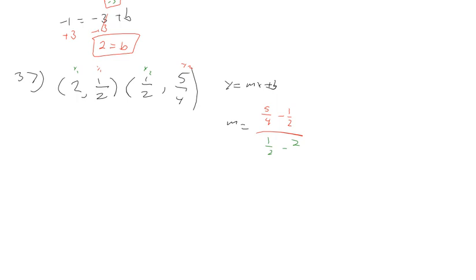We have to subtract these fractions. Yes, deal with it. So how do we subtract fractions? Let's go back to 7th grade when we had a lot of fractions. When I subtract or add fractions, what must be the same?